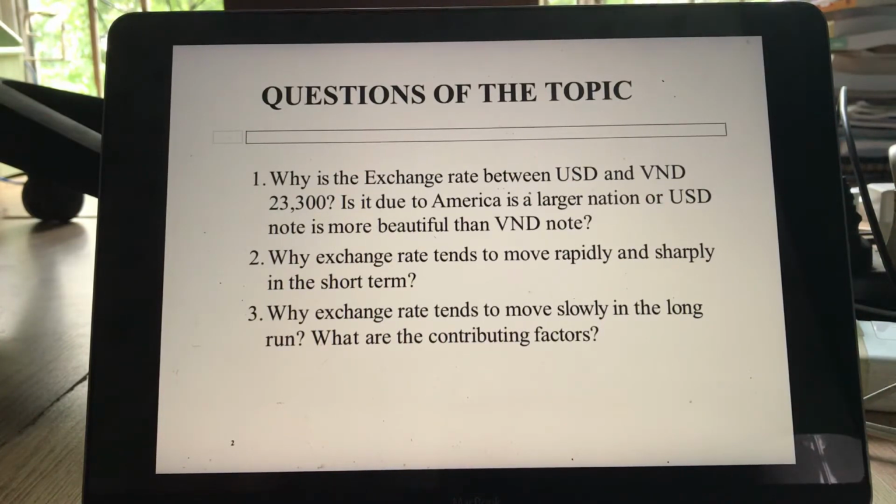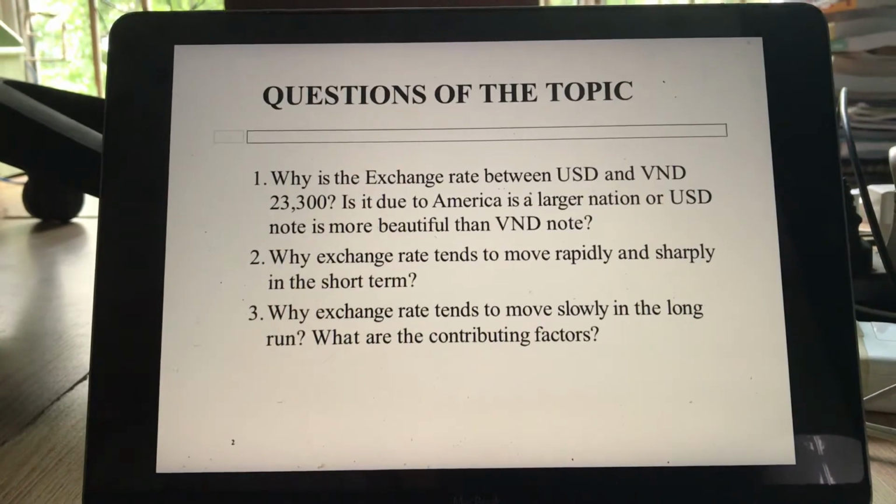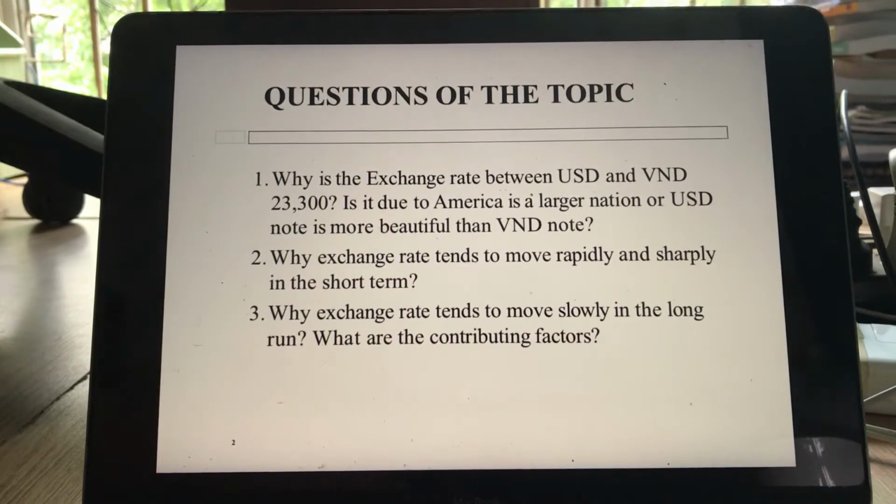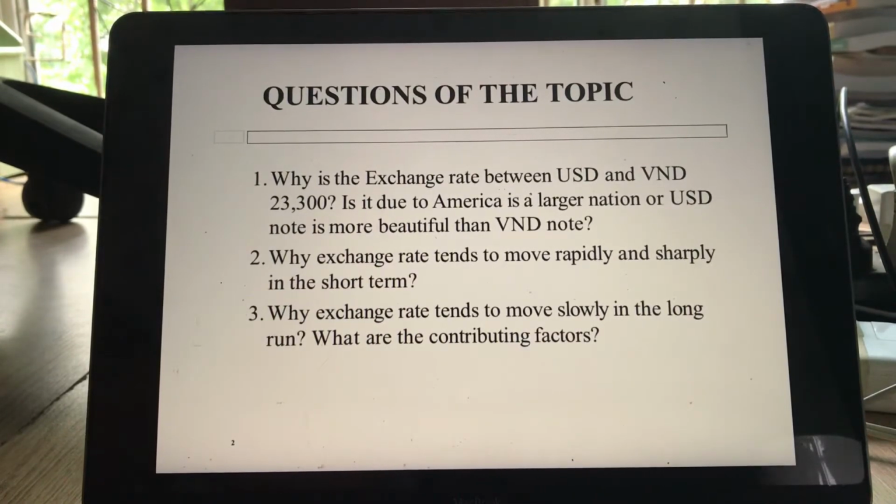And if you noticed yesterday, the State Bank of Vietnam reduced the exchange rate. This is the first time in quite a long time that the State Bank of Vietnam revalued our currency. It raised our value.